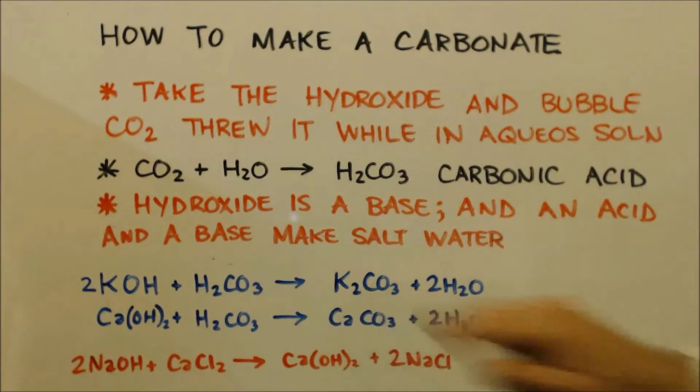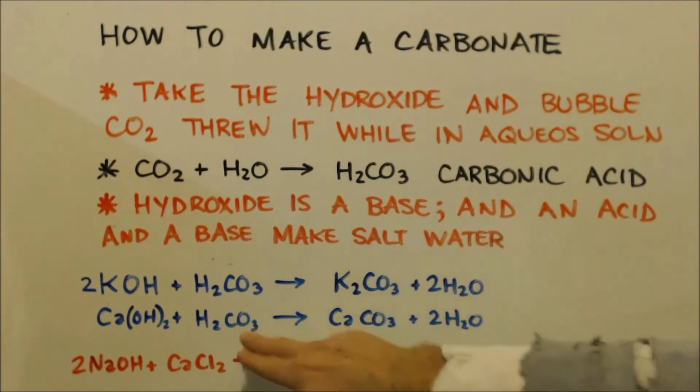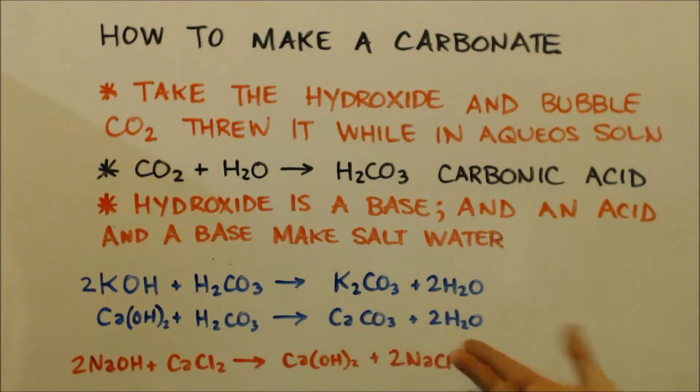It would be potassium carbonate. If I had calcium hydroxide, I put it in water, I bubble CO2 through it to make my carbonic acid. It reacts, makes salt water, calcium carbonate, and water.